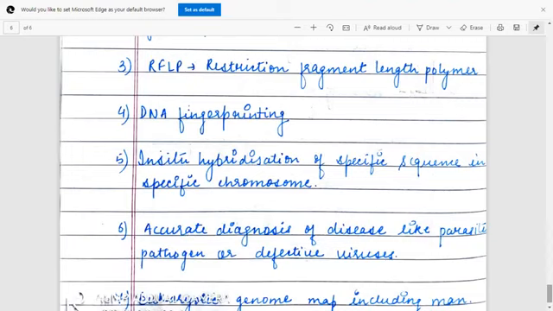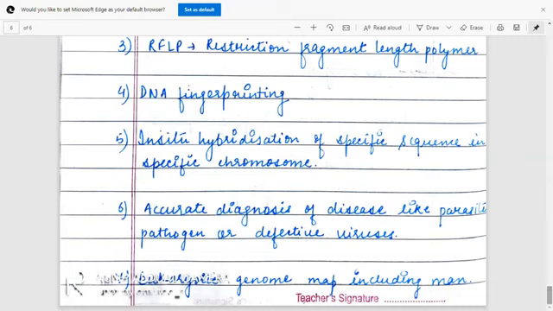Likewise, hybridization of a specific sequence in specific chromosomes. In situ hybridization can also be done for detecting the presence of a particular gene on a chromosome. Also accurate diagnosis of diseases like parasites, pathogens, or defective viruses.